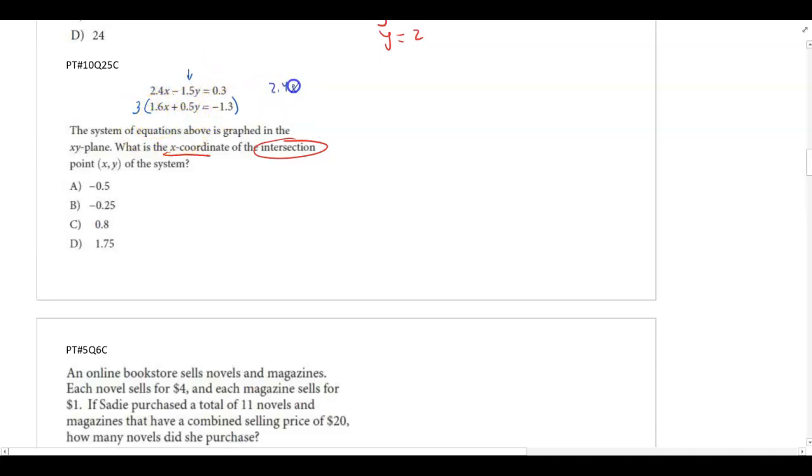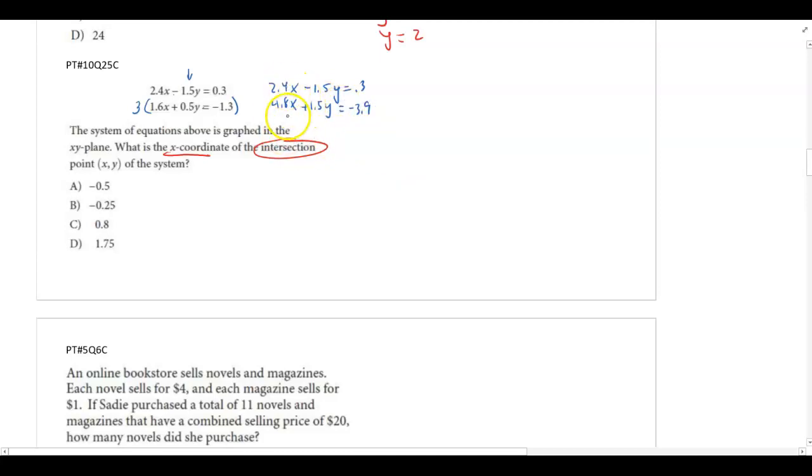So 2.4x minus 1.5y equals 0.3. Then I'm going to get 4.8x plus 1.5y equals negative 3.9.